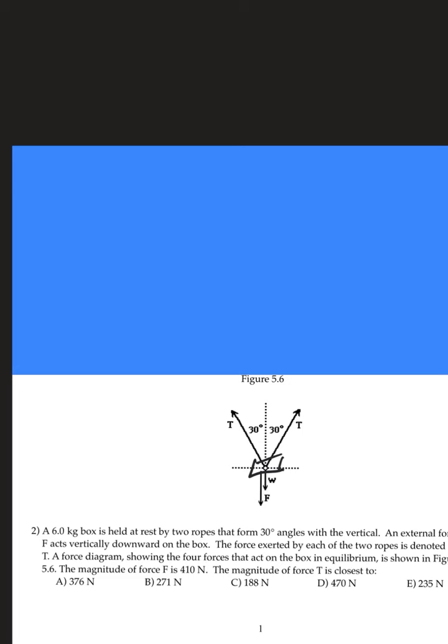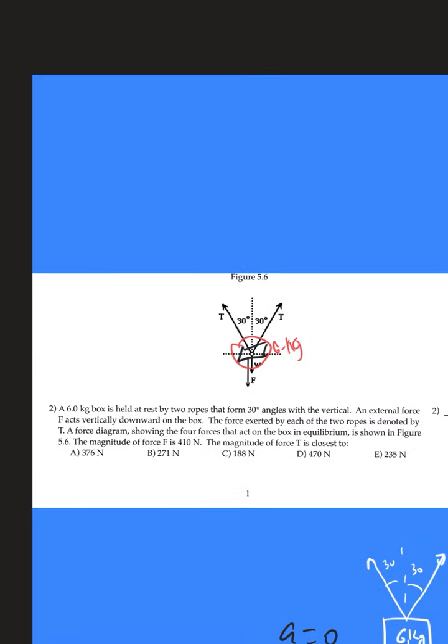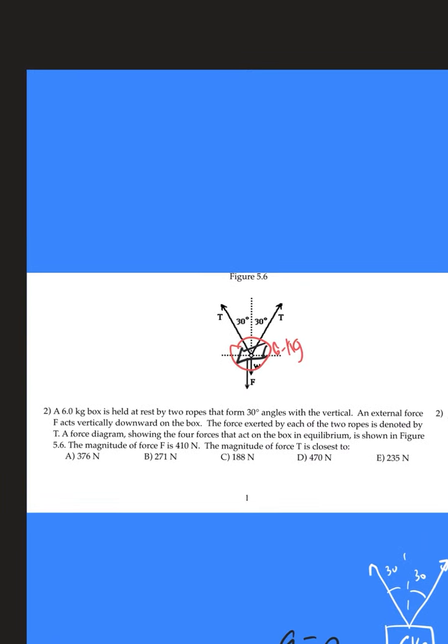Okay guys, so here we have a 6 kilogram box in the middle, right? 6 kilogram. We are looking for the magnitude of force T, which is this two, force T going up.